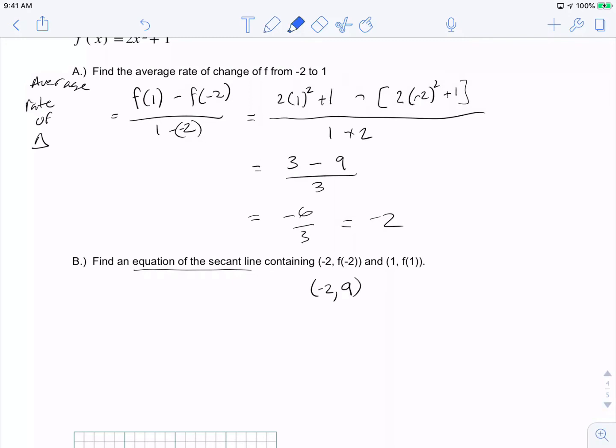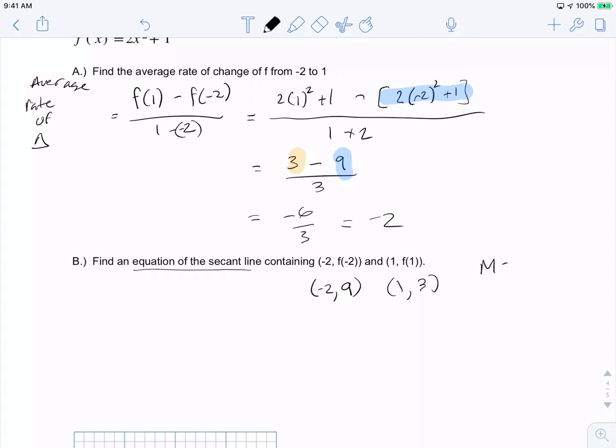And how did I know that? From right here, because this process was finding the f of negative 2. The f of 1 then is this 3, because we found that, so we know that point right there.